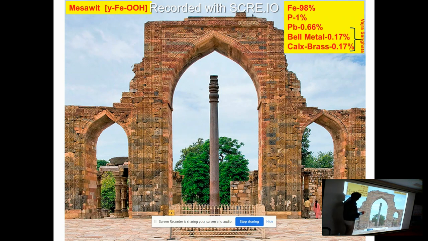If you look at the percentages, 0.17 percent, 0.6 percent, a very small percentage of foreign species along with iron, making the iron not corrode by forming a thin surface oxide layer. That is the reason that to date this iron pillar is still iron without any corrosion. You can touch the surface, it is very smooth. There won't be any scraps.